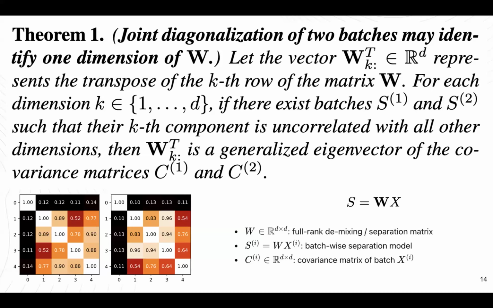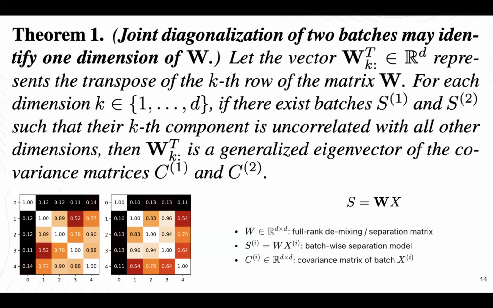I would clarify that when you say if there exist batches, that 1 and 2 represent the batch, and S is your ground truth answer that you're trying to find. That's not clear. I wouldn't consider S as the batch. S is your source that you're trying to find. X is the batch, right? Yes, for the running algorithm it is X. The batch is from X, not from S. I would suggest instead of 1 and 2, you could say B1, B2.